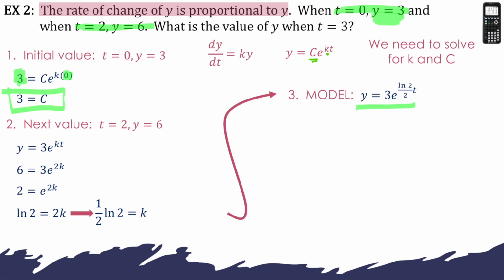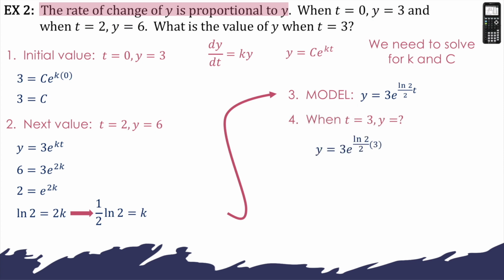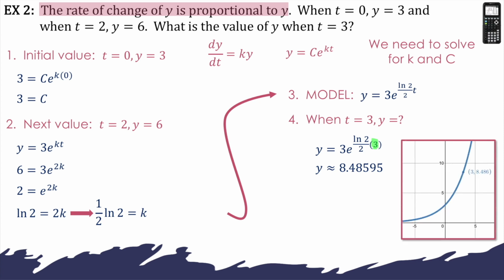And now if we want to know the value when t equals 3, let's clean this up. We can just plug in 3 for t, put it into your calculator, and you get about 8.48595. Here you can see the graph of it, and we got it right.